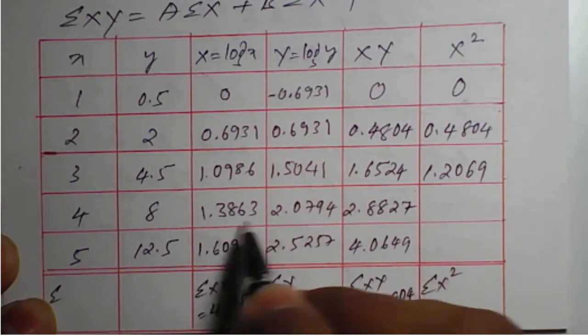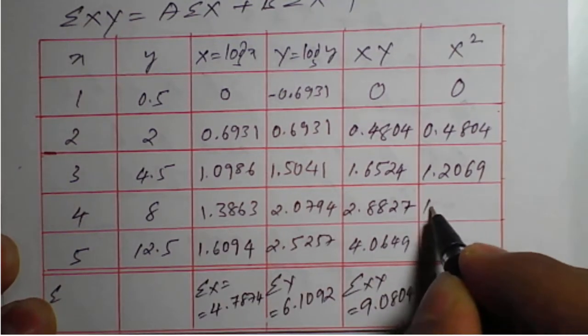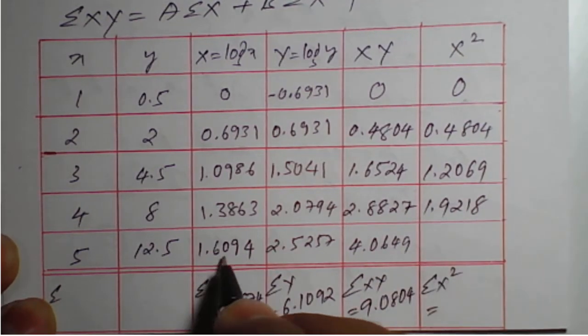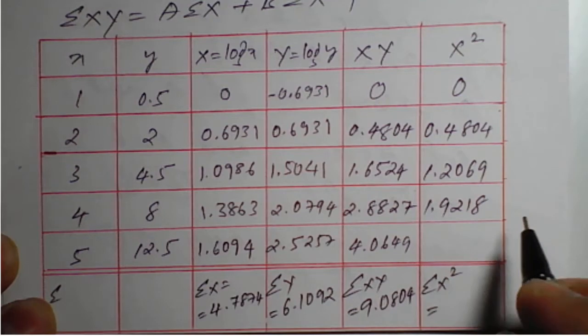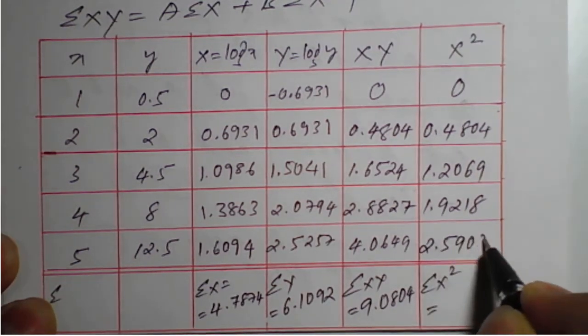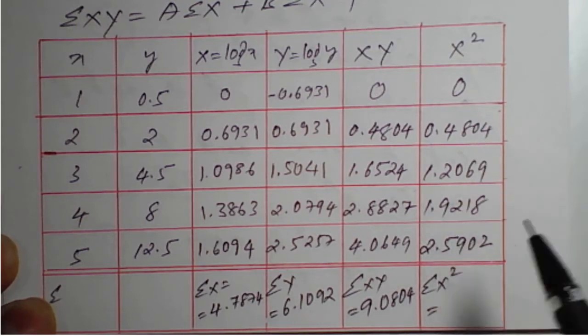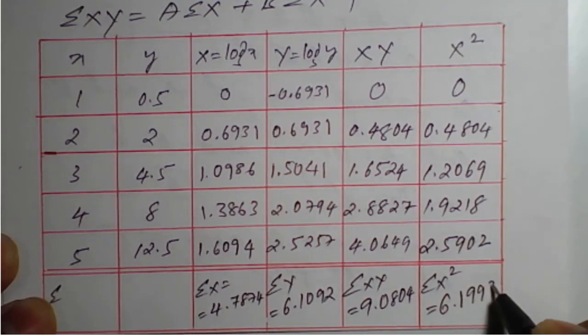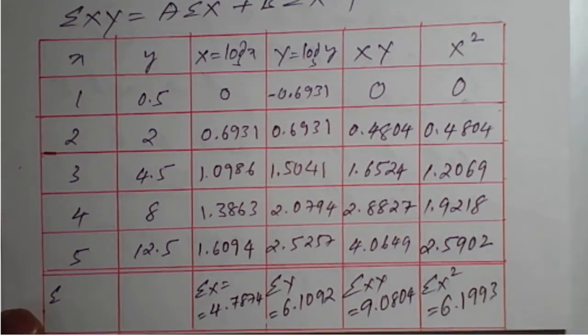The next value of square will be 1.9218. Then 1.6094 square will be 2.5902. If you add these values, we'll get the summation of x square, which will be 6.1993.